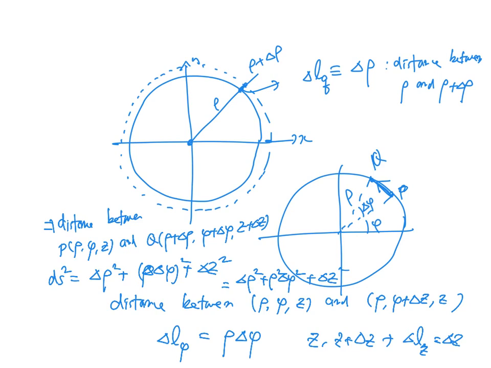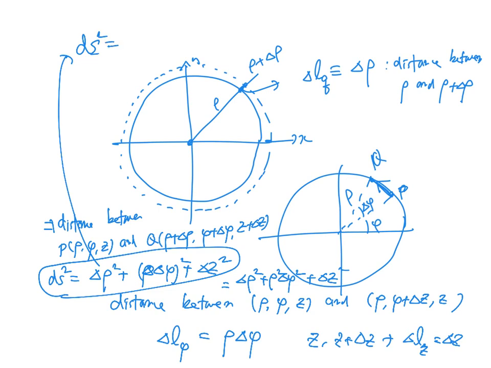Or in general, you can generalize this way: ds squared is d rho squared plus rho squared d phi squared plus dz squared. So distance is a bit different from the Cartesian coordinate.